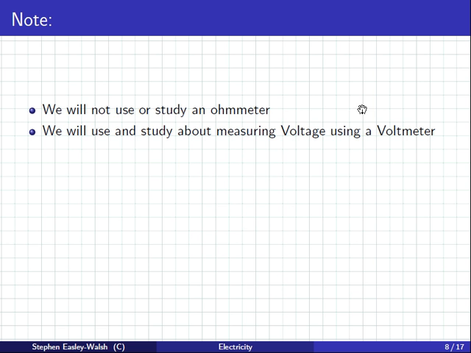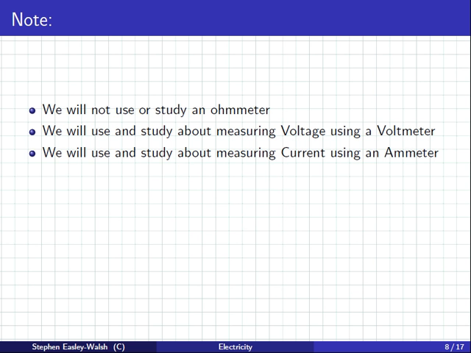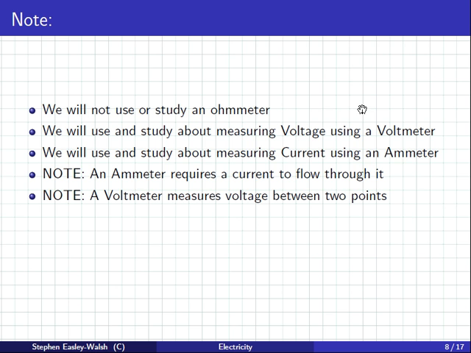We'll measure voltage using a voltmeter and current using an ammeter. An ammeter requires current to flow through it, but a voltmeter measures the voltage between 2 points.